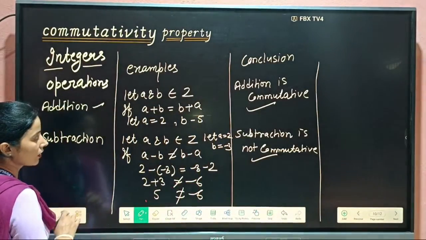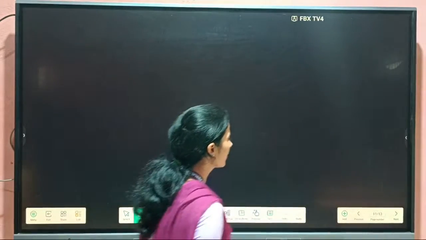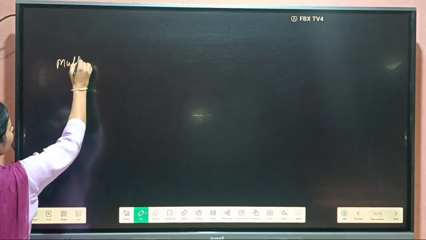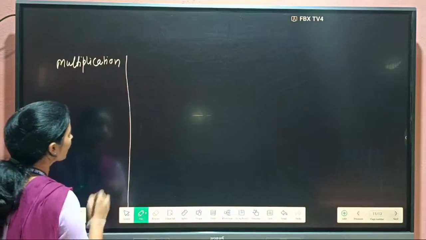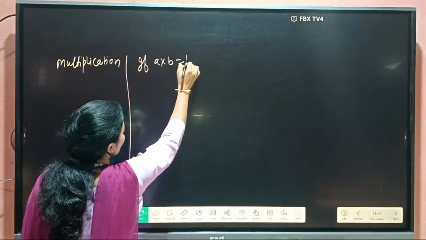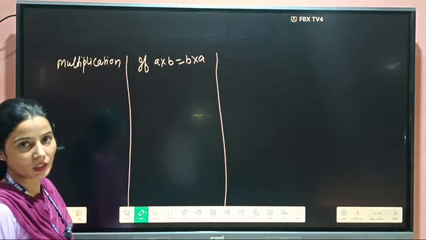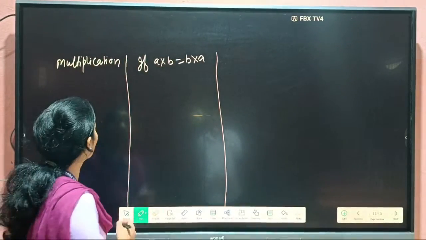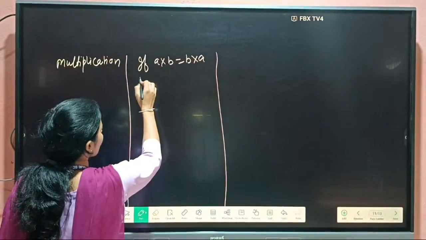Now under the operation multiplication we want to discuss. Multiplication. See, if A into B is equal to B into A, then we can say multiplication is commutative. Consider an example from integers.